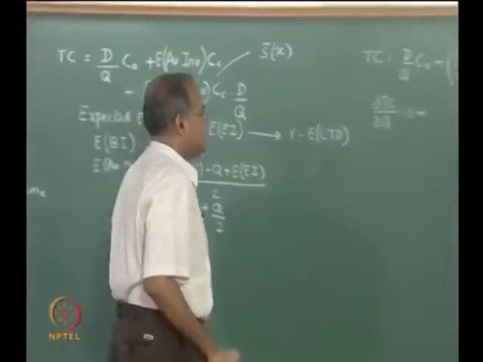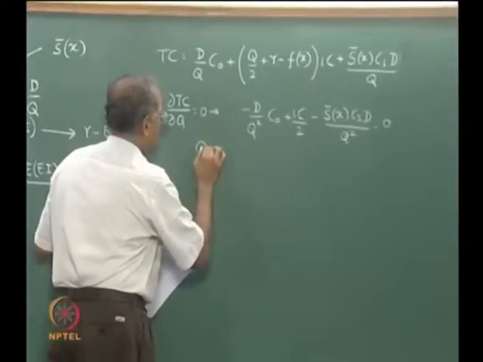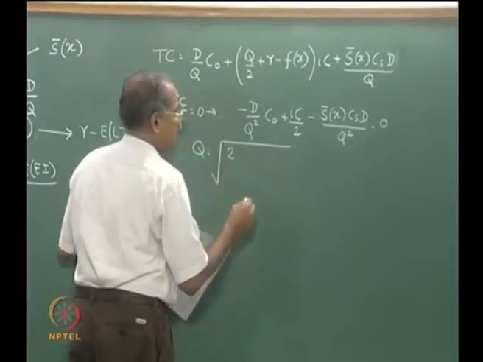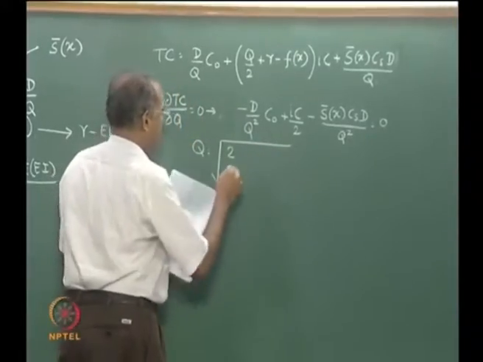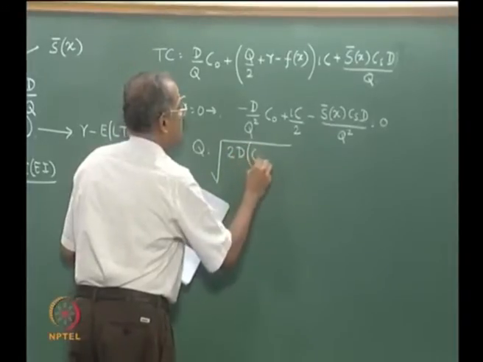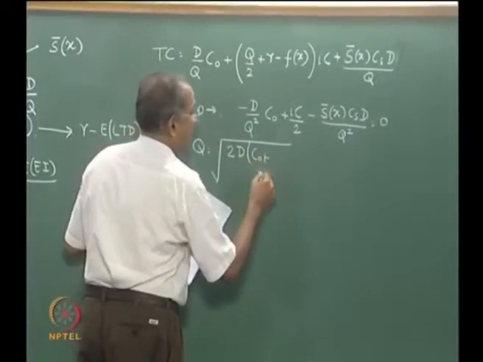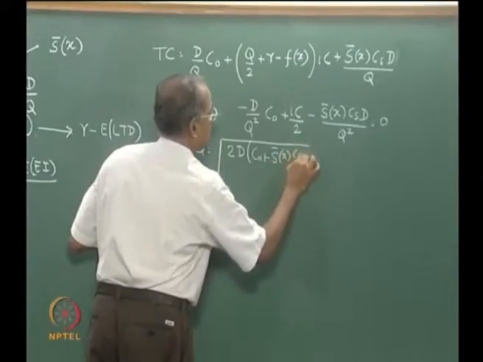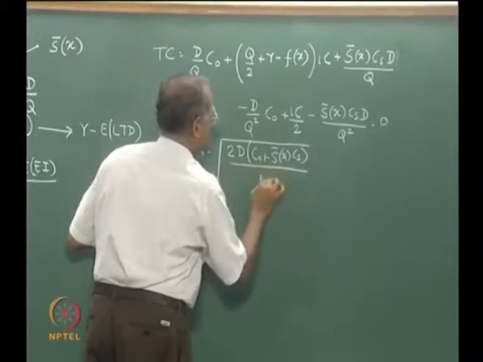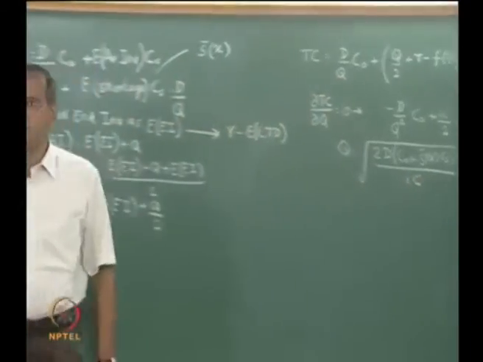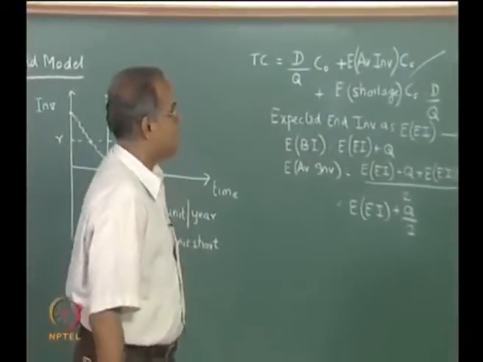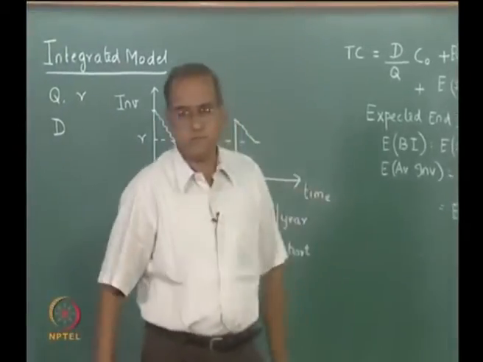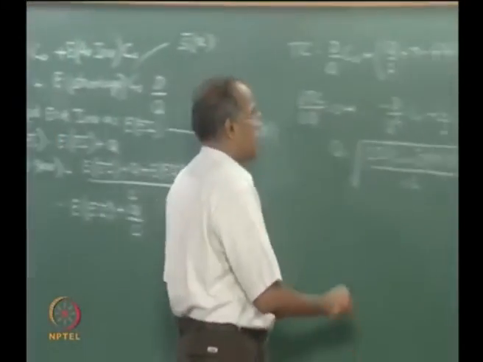On simplification this would give us q equal to root of 2 d times C naught plus s bar of x C s, divided by I c. So this is the equation for the order quantity in the integrated model. This is our first equation.